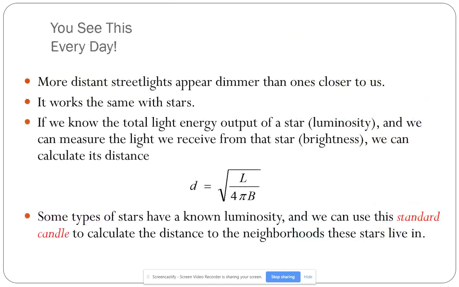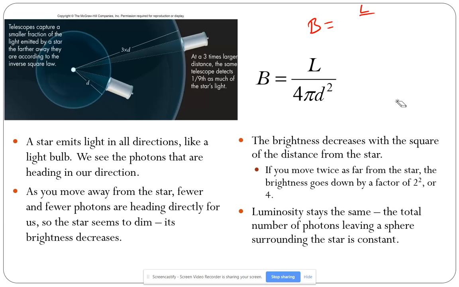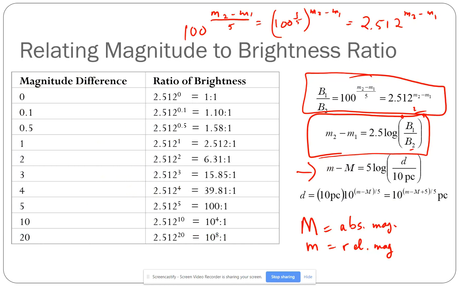Remember, brightness is equal to luminosity over 4 pi d squared. Let me just erase all this stuff instead of repeating the equation that's in black. And so putting that equation in for the brightness, we can solve this equation.